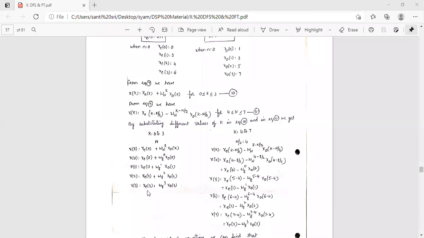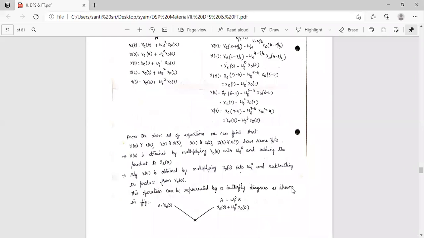X of 3 equal to Xe of 3 plus W8 power 3 into Xo of 3, right? Similarly, we will substitute k equal to 4 to 7 in equation number 11, so that we will get X of 4, X of 5, X of 6, and X of 7, right?